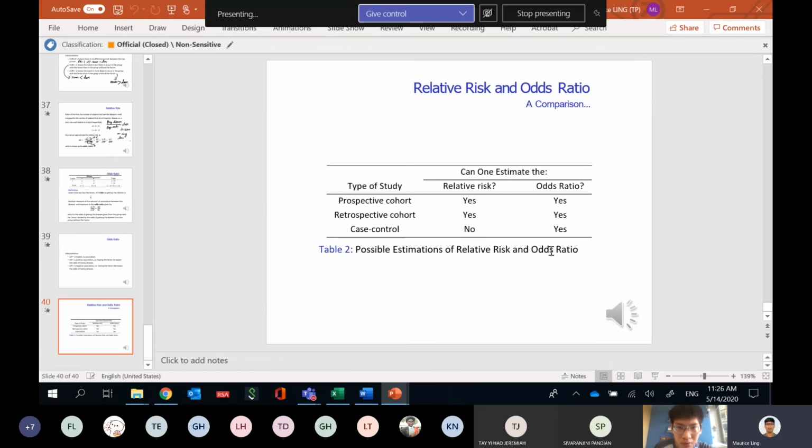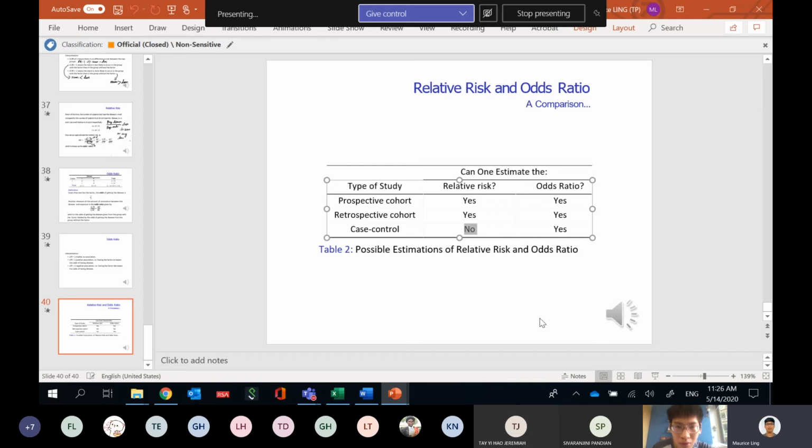Okay, because although in a cohort study you can use both, in a case control study you should only use odds ratio, but it is not entirely wrong to use relative risk for case control studies as well. In fact, people tend to put both down at the same time. So it's not entirely wrong.